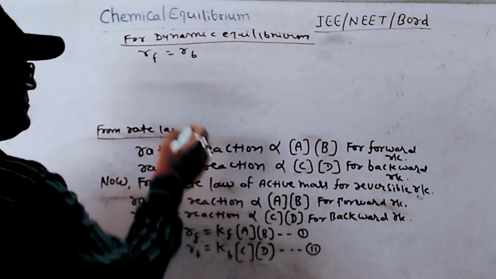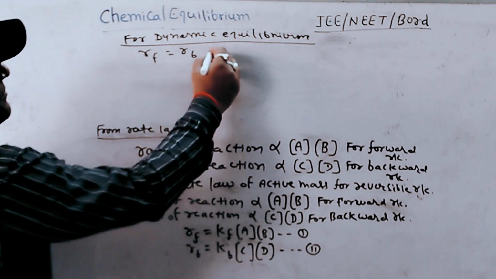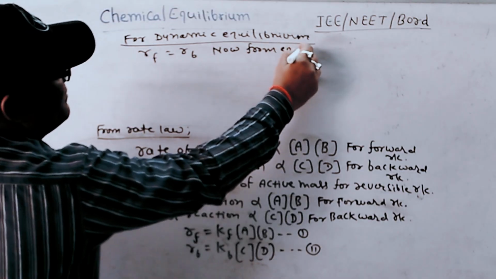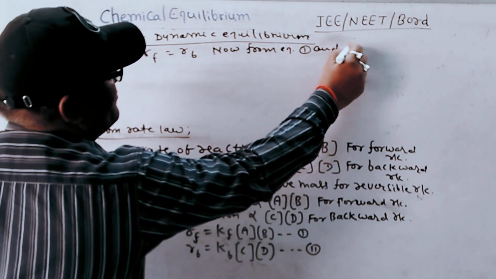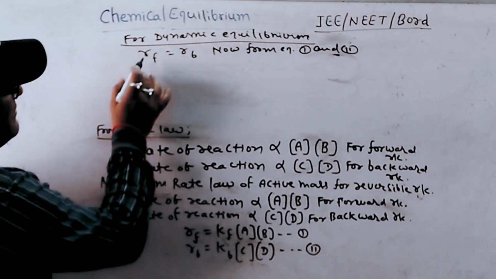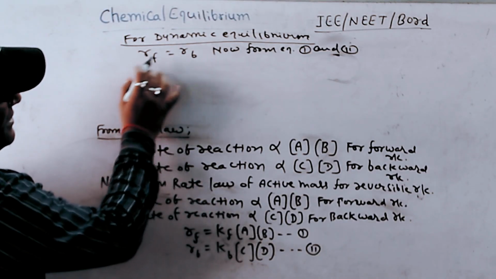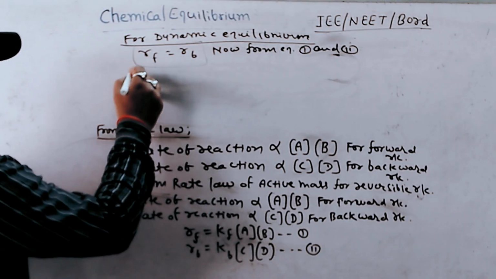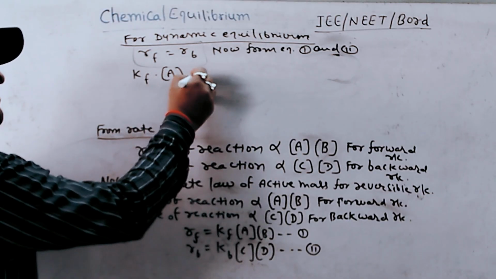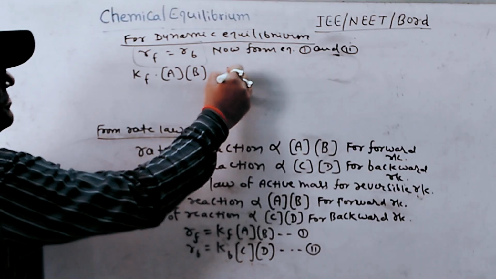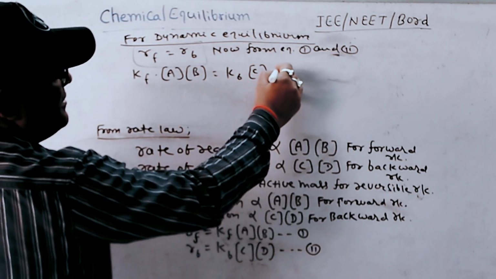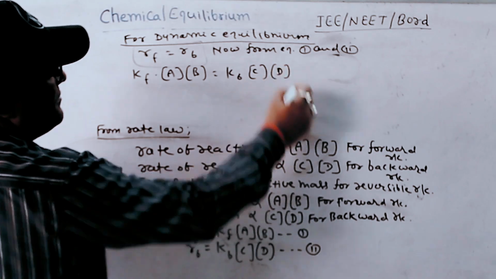Now from equations 1 and 2, put the values of RF and RB, rate of forward and rate of backward. Constant for forward into active mass of A into active mass of B is equal to constant of backward into active mass of C into active mass of D.